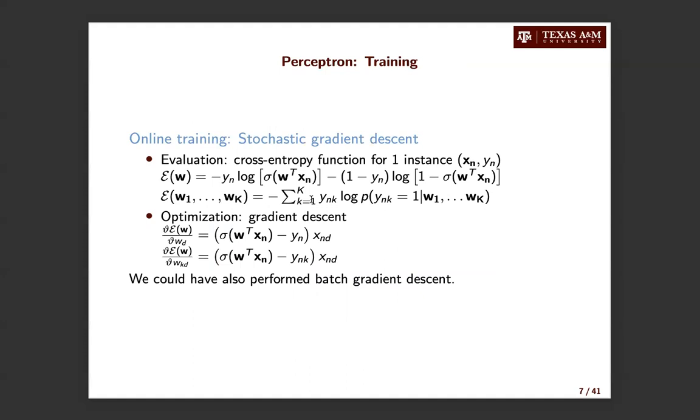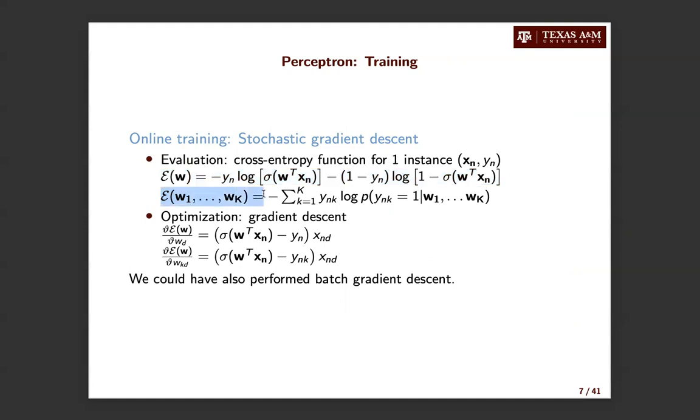So how do we train this basic linear perceptron unit? We can use gradient descent or stochastic gradient descent, which is actually faster. The evaluation metric that we use in order to optimize the weights of the perceptron is the cross-entropy function. The cross-entropy function, as we have seen it so far for a single training sample, is basically this definition here, which is essentially the negative logarithm of the likelihood of the logistic regression algorithm.